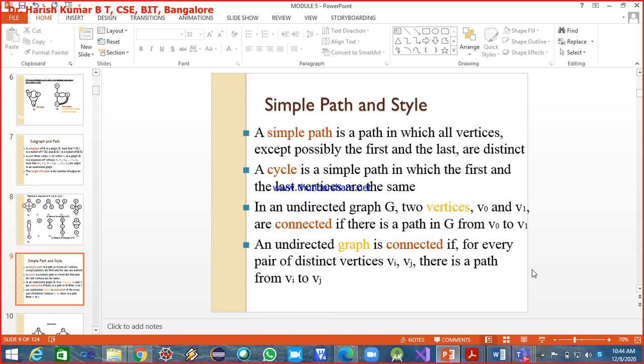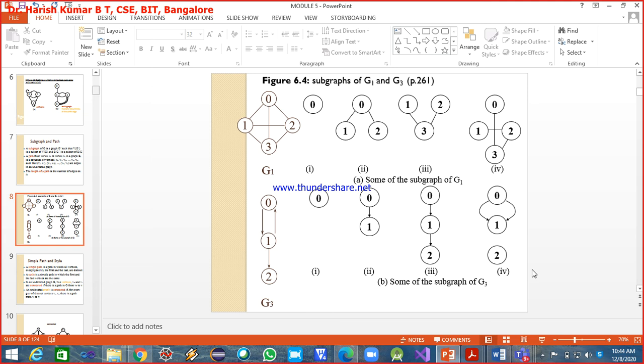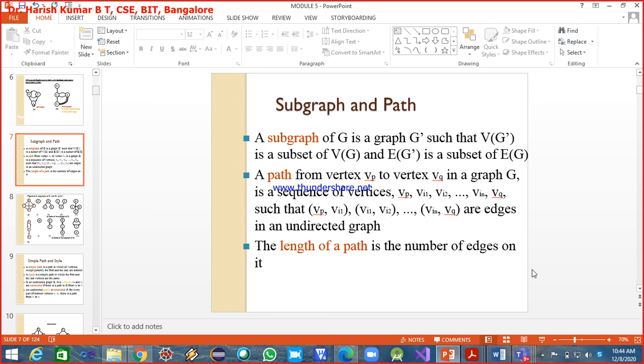Next is the simple path. So you understood the definition of the path here. What is a path? If there exist edges from the vertex VP to VQ such that you can reach VQ from VP, then we say it is a path.